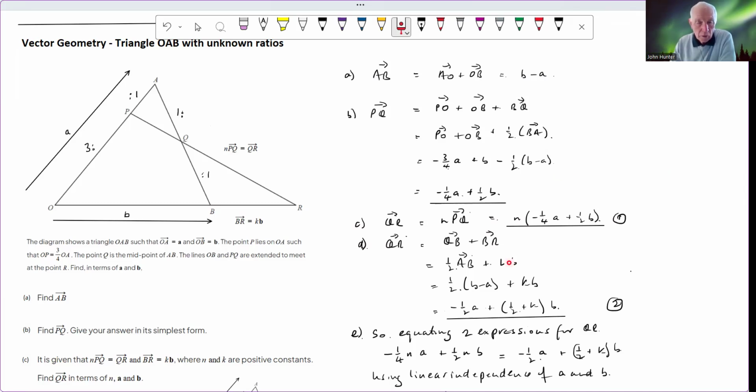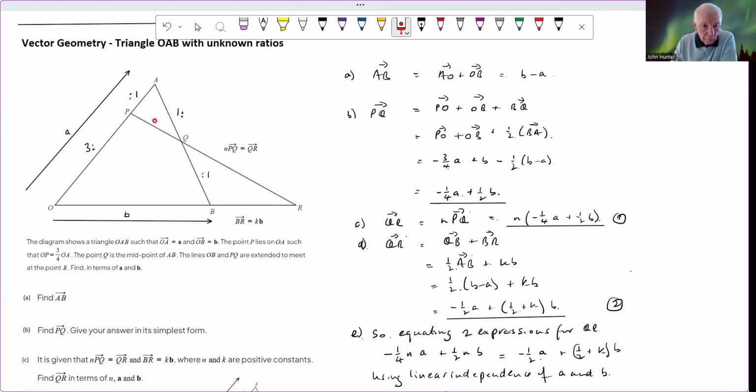Okay, so right now this is where it gets interesting. We've got to find QR. Given that we don't know what this is and we don't know what that is, can we use either of those routes or vectors on our route? Well, the answer is kind of no, because neither of them is going to give us a solution.